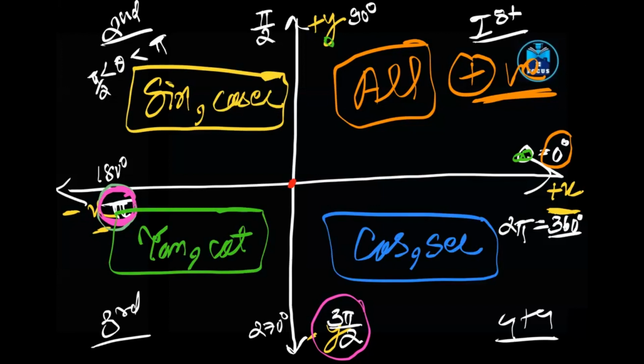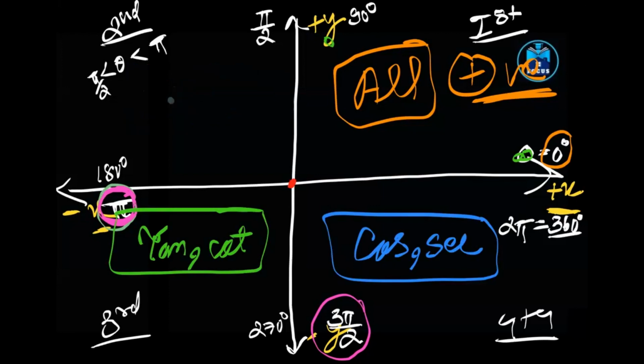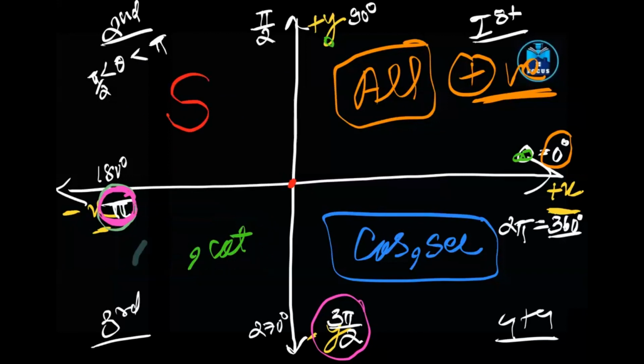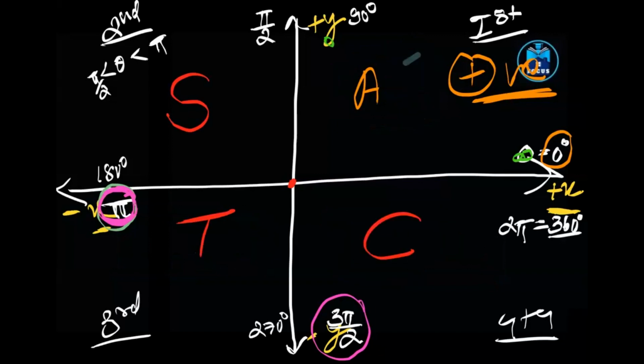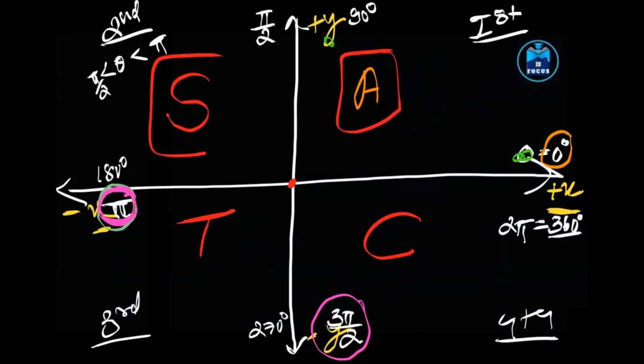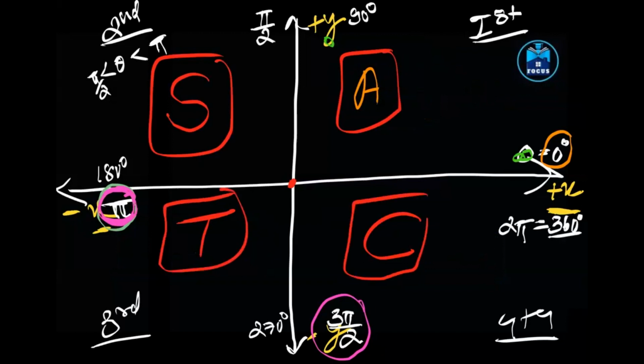Okay, now to remember this, you can just write S for this, T for this, C for this, and A for this. And that positive sign is understood. So A, S, T, C. This is the order.